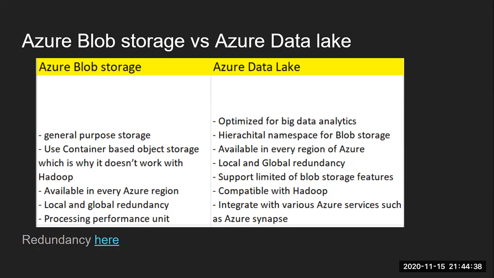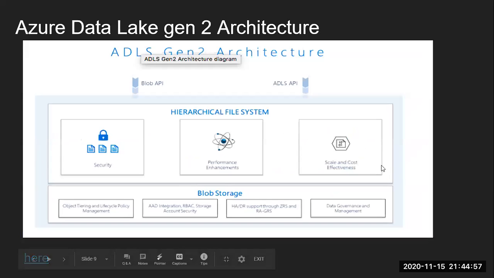Using blob storage wouldn't be efficient. So that's why you need to use data lake, where all the files can be dumped together and where multiple people can use it together. I'll talk about it in the next slide: the blob storage and hierarchical file system, and this is the architecture of Azure Data Lake.